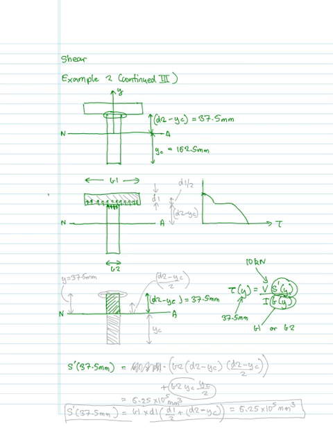So in this case, our b is either going to be b1 or b2, and our shear force is going to be the same as before. That's going to be 10 kilonewtons. Our distance y is going to turn out to be 37.5 millimeters, since we're working out the shear stress at the distance 37.5 millimeters, and we're going to be working out our S dash y relative to the neutral axis.